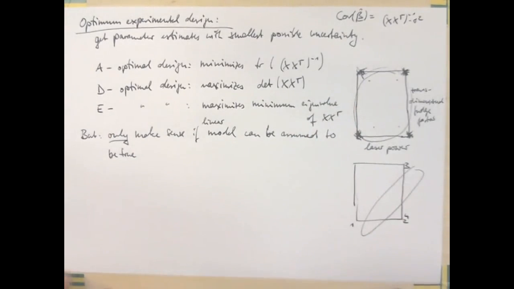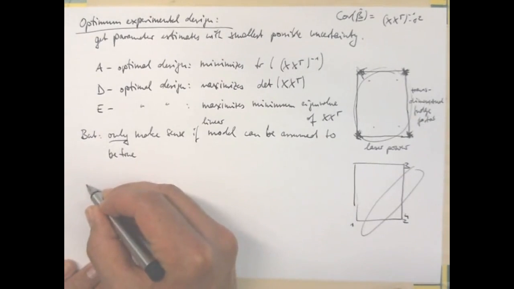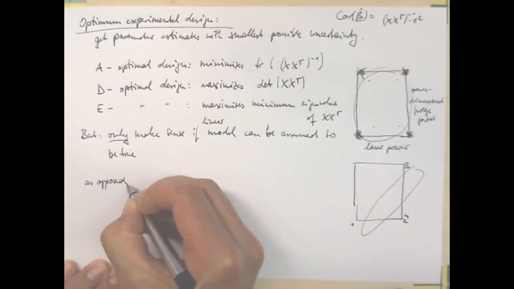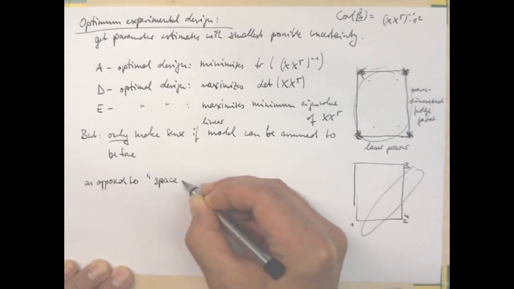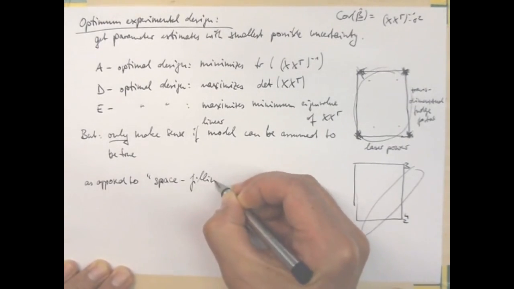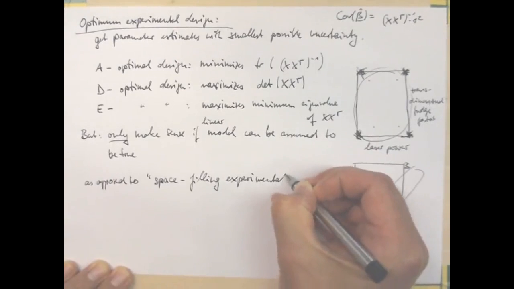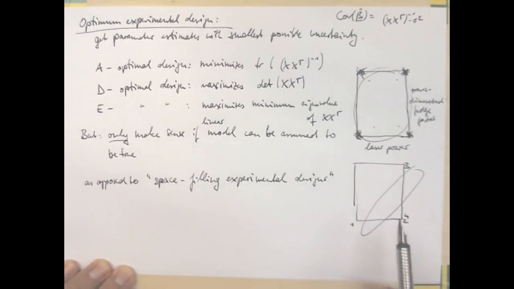And then in contrast, and this is just a side comment, there is another line of work about space filling experimental designs, where you make no such strong assumption that a linear model holds.